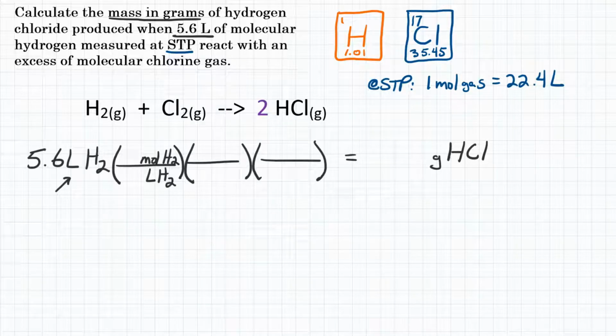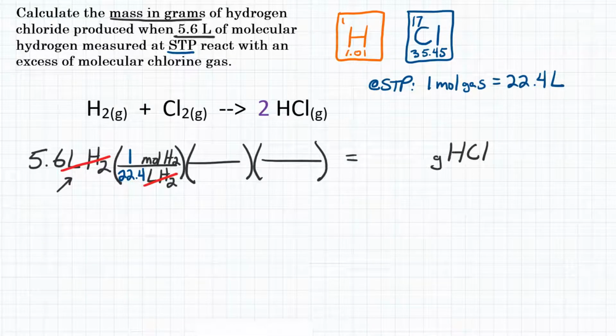So at STP, 1 mole of any gas is 22.4 liters. So we're going to use that for our first conversion factor, where 22.4 liters will go on the bottom and 1 mole will go on top. And that will give us liters of H2 canceling out, because it's on the top and on the bottom, and we are at moles of H2.